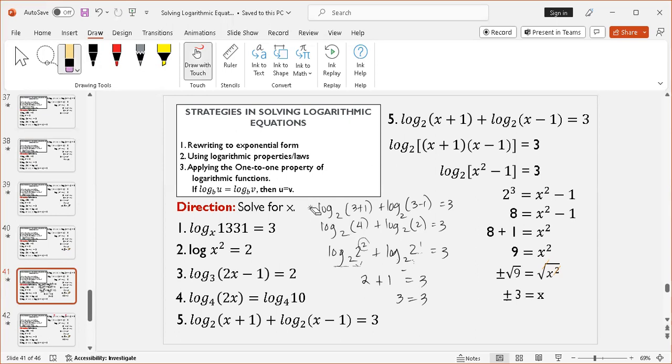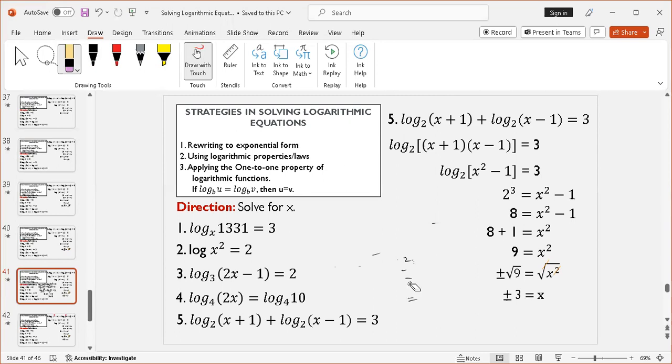Now, what about negative 3? Yung negative 3 ba solution din dito or hindi? Take a look at this. If we are going to substitute the variable x by negative 3, diba, we have negative 3 plus 1, it will give us negative 2, right?